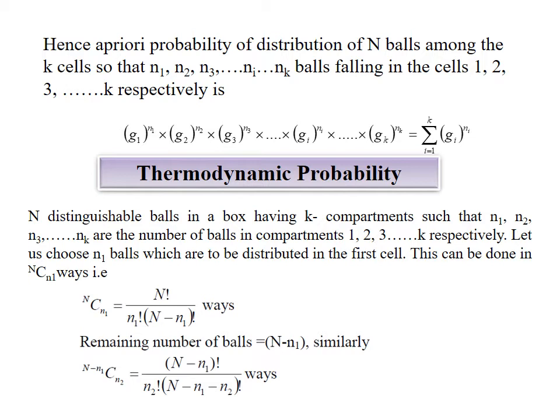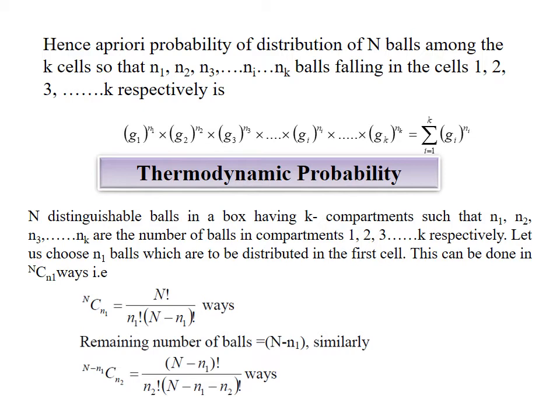So these are the values which remain for the second cell. So hence (n minus n1) factorial divided by n2 factorial, (n minus n1 minus n2) factorial is the number of ways in which the second particle can be occupied in the second cell.